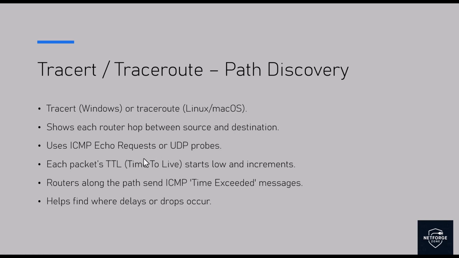On different platforms, of course, you see different names. For example, on Windows, this is called tracert, or traceroute as some people call it. On Linux, it's called traceroute. On Cisco IOS, of course, it's also called traceroute. The actual thing that traceroute does is path discovery.